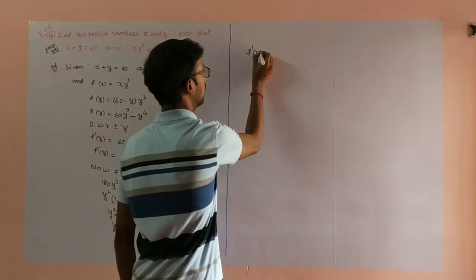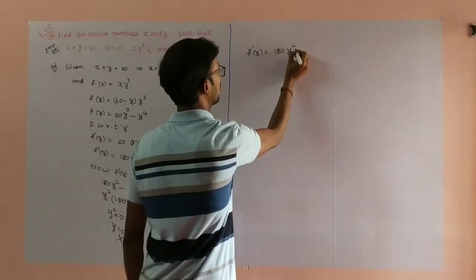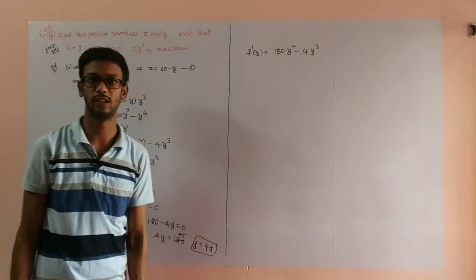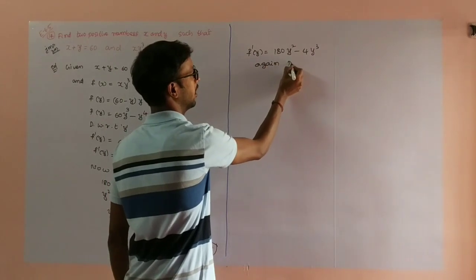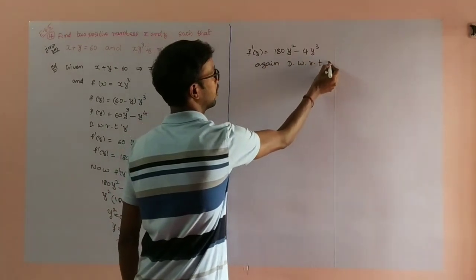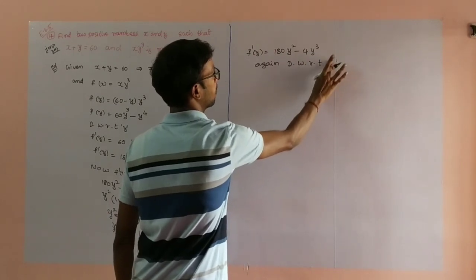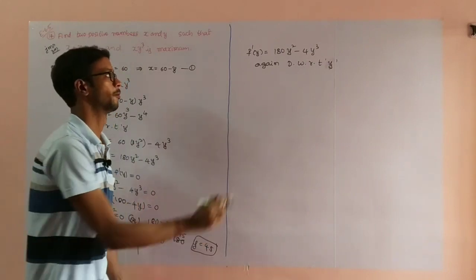Now f dash of y is equal to 180y square minus 4y cube. First derivative, so again derivative with respect to y.